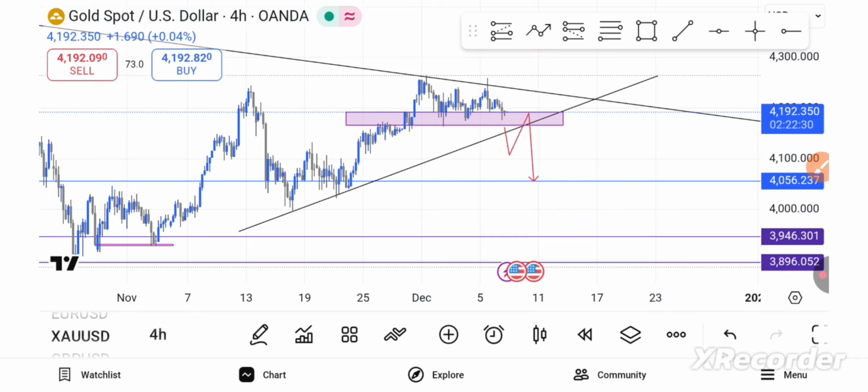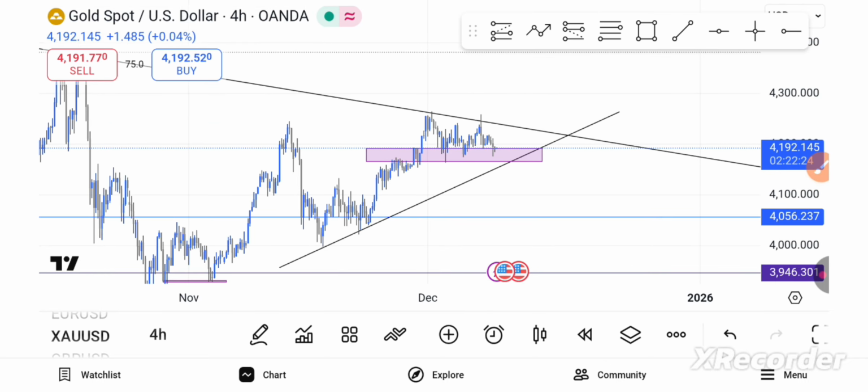Or better still, if the market fails to break to the level, what are we looking for? Because we are in an overall uptrend from the daily time frame, we are looking for a counter trend. That is why we're looking for a sell trade, right?